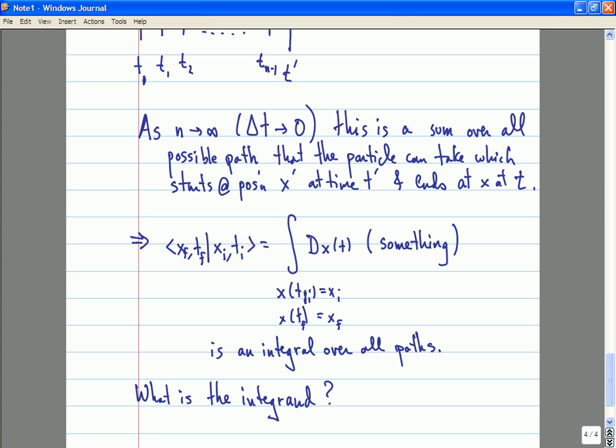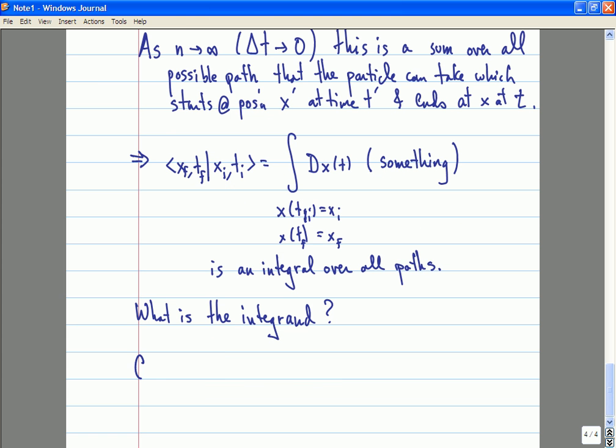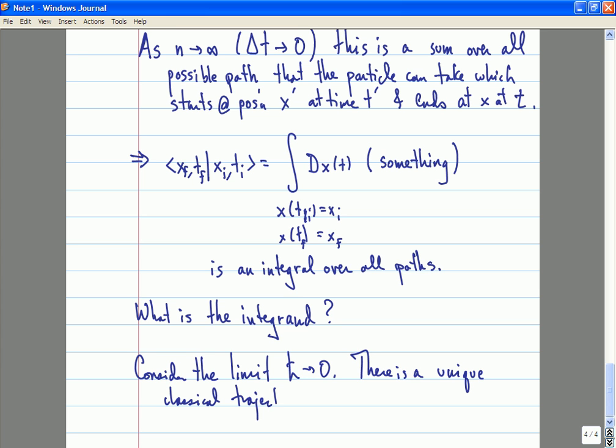Now, in order to figure out what this something is, consider the semiclassical limit, where h bar goes to 0. In that case, there is a unique classical trajectory from x initial at time t initial to x final at time t final.